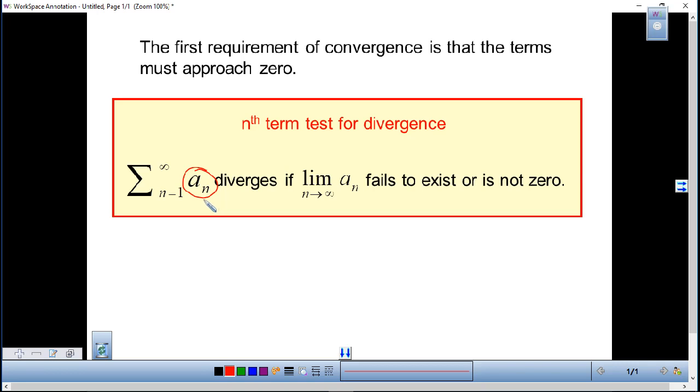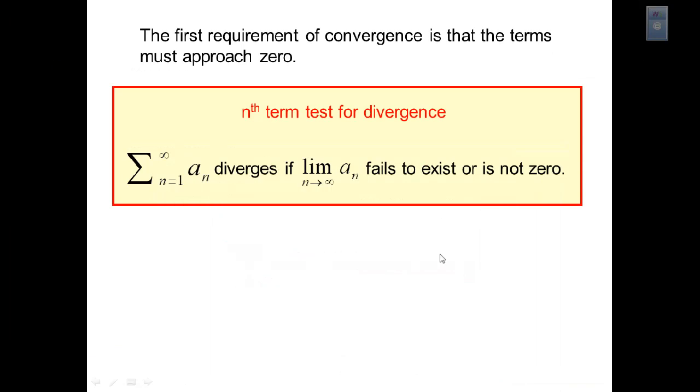So if we take the limit and let n go to infinity, if the nth term does not go to 0 or the limit fails to exist, then this thing is going to diverge. This is not a proof of convergence, it's just a proof of divergence.